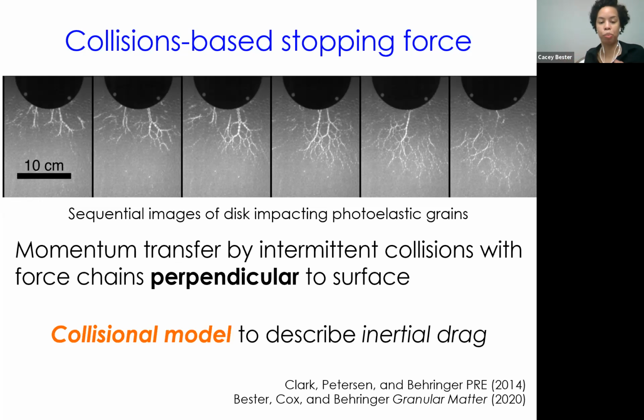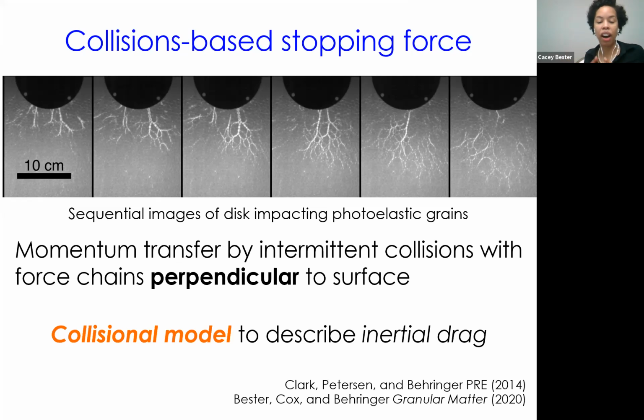And those force chains then propagate perpendicular to the surface of the impactor as it penetrates the surface. Based on the connection between our observation in the photoelastic experiments and our empirical force model that we gathered from our position measurements, we'll then propose our collisional model.